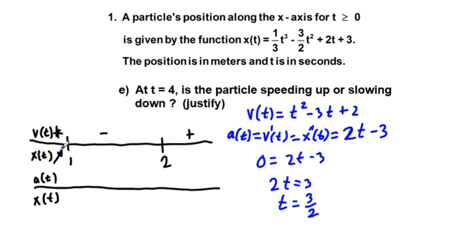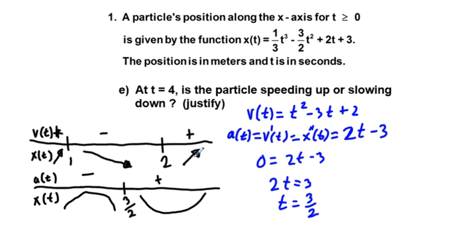So velocity positive, position going up, down, and up after 2. Now, our critical number for acceleration is 3 over 2, between 1 and 2. To the left of 3 over 2, looking at 2t minus 3, if we plug in 1, 2 times 1 minus 3 is negative. So we are concave down from 0 to 3/2, and greater than 3/2, like 2, 2 times 2 minus 3 is positive. So we have concave up from 3/2 to infinity.